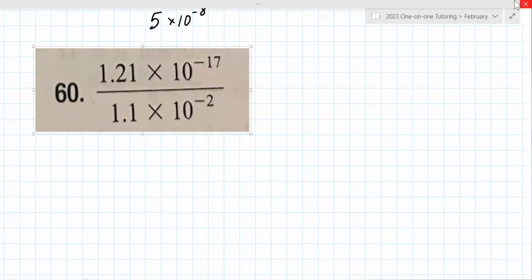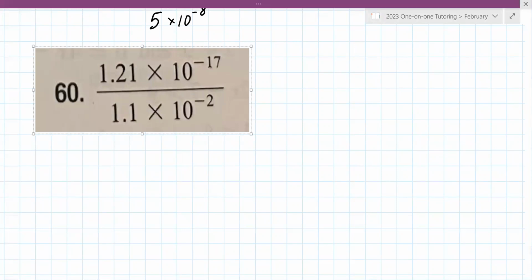So last one here, or at least for this grouping, why don't you give this a try and see what you come up with.